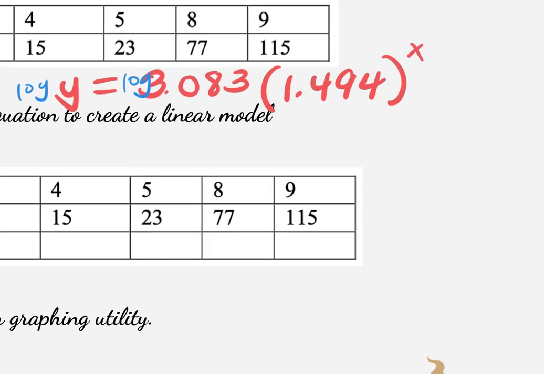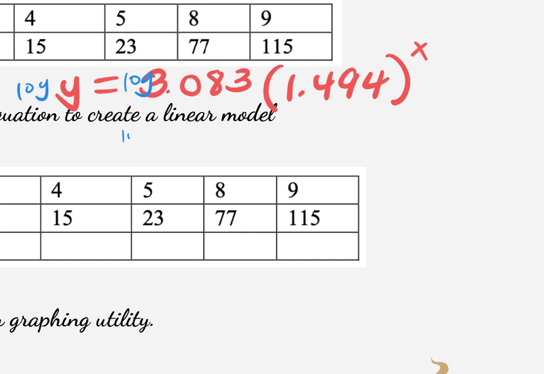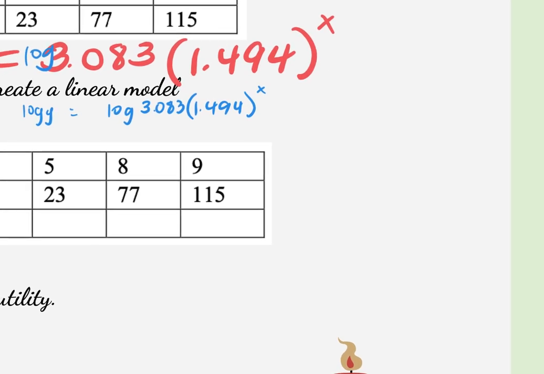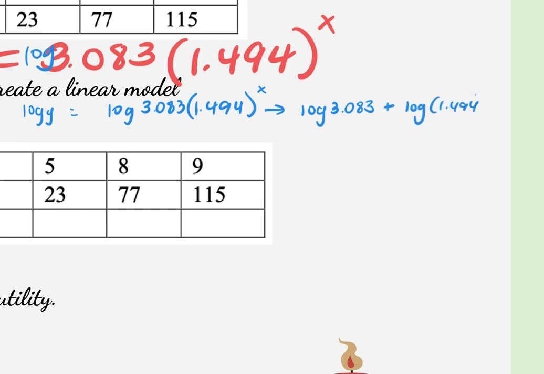So if I get log of y equals log of 3.083 times 1.494 to the x, what do I do to expand the right side? That's a product, right? So this becomes log 3.083 plus log 1.494 to the x.